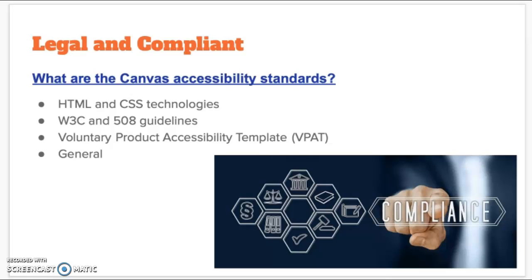Within Canvas, there is a VPAT, which is the Voluntary Product Accessibility Template. This is a tool that administrators and decision makers can use to evaluate Canvas's conformance with the accessibility standard under Section 508. I can share a link in my post as well for more information on the VPAT.